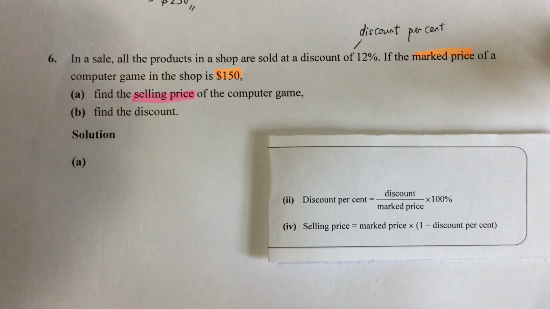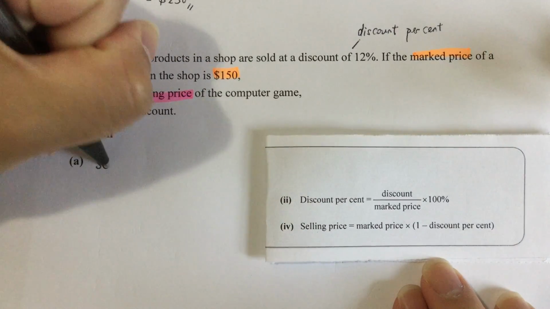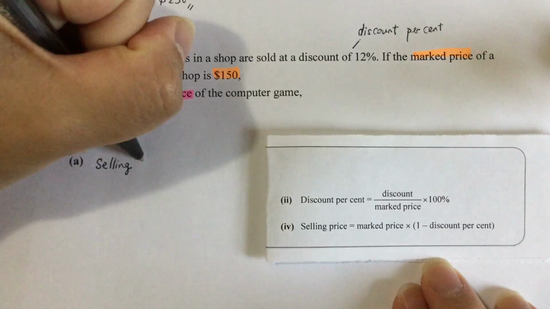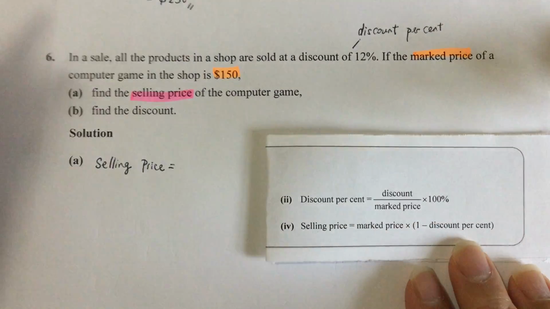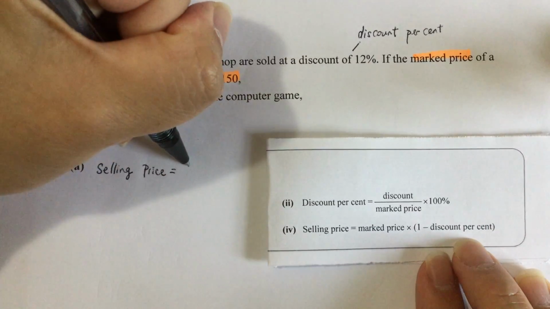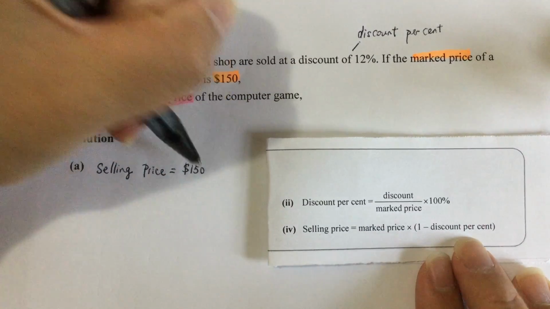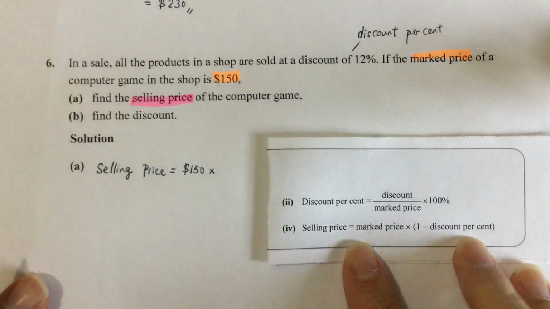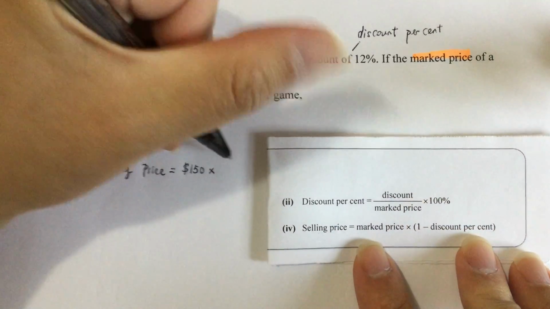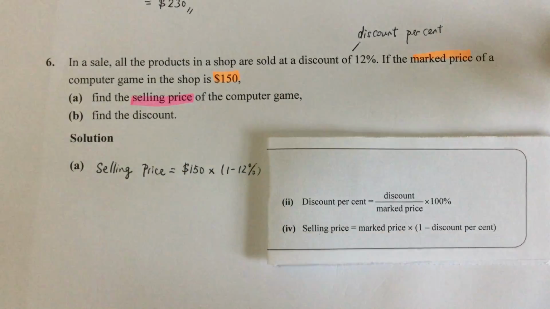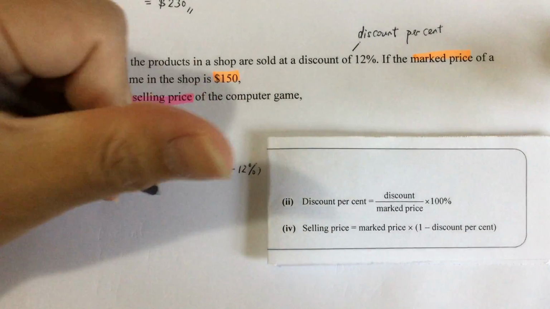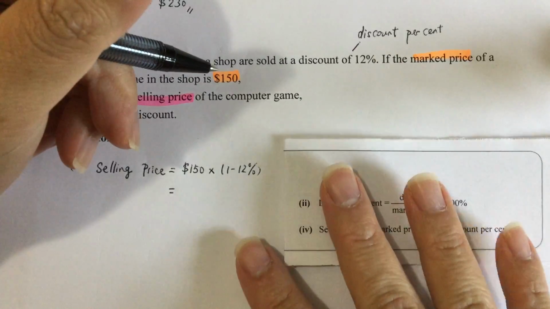Okay, now let me have the selling price. Now, you will have the mark price is $115 times 1 minus 12%. So what do we have? Okay, let me move them.